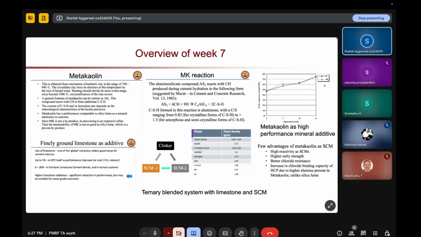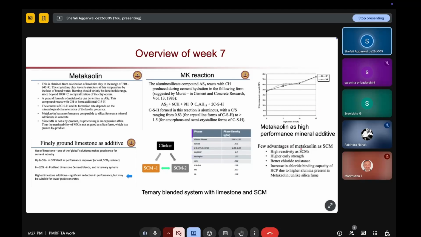Silica fume is a very fine particle, and in the same way metakaolin is also a very fine particle, not like fly ash and rice husk ash. They have a somewhat grainy particle, but these are fine particles which will not only act as a binder, but also as fine particles in the concrete system.